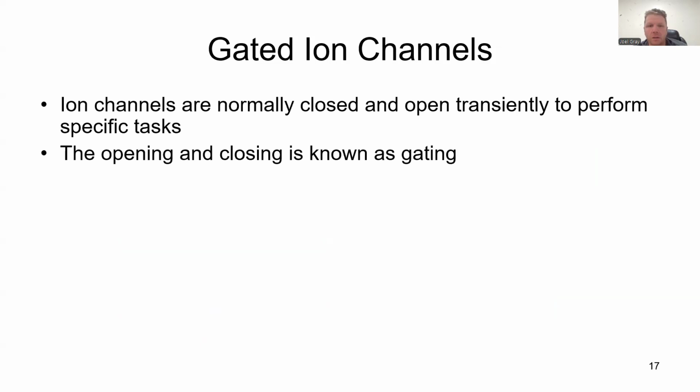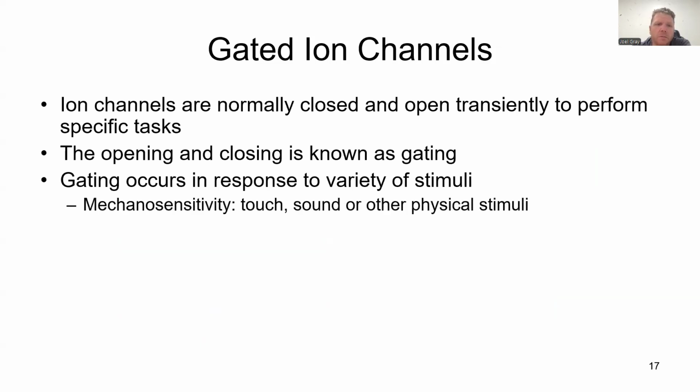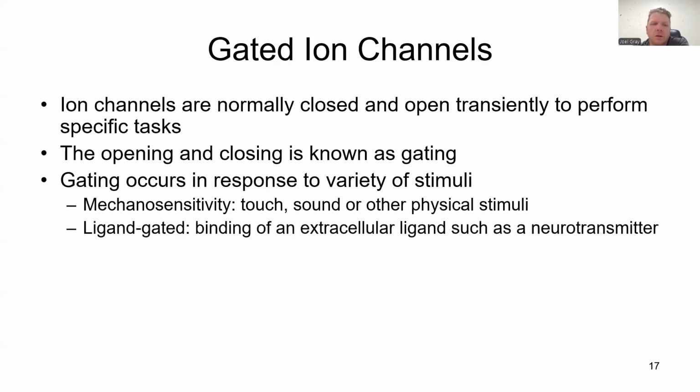So they open the gate and they close the gate. Now, gating occurs in response to a variety of stimuli. Mechanosensitivity, so one of those stimuli could be physical contact, sound, or other stimuli.